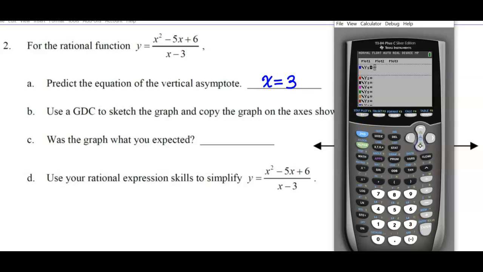If you have an older version of the calculator, then you need brackets and you use division. Okay? So, know your calculator. Just do it on the standard screen.